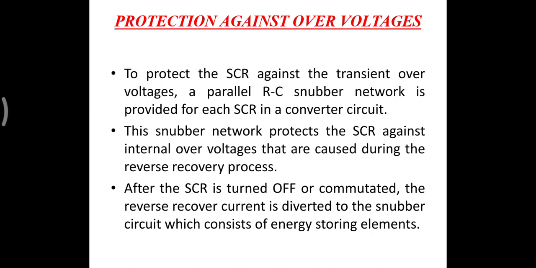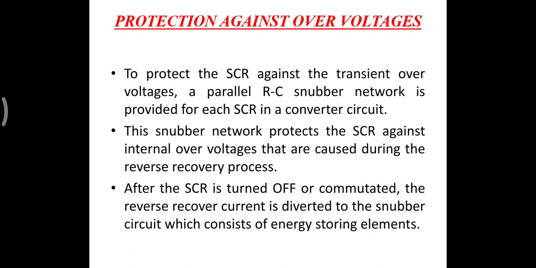At the same time, this snubber circuit also protects against internal over voltage. After the SCR is turned off or commutated, the reverse current is diverted to the snubber circuit, which consists of energy storing elements. So indirectly we are providing the snubber circuits. These snubber circuits are used for the protection of the SCR.